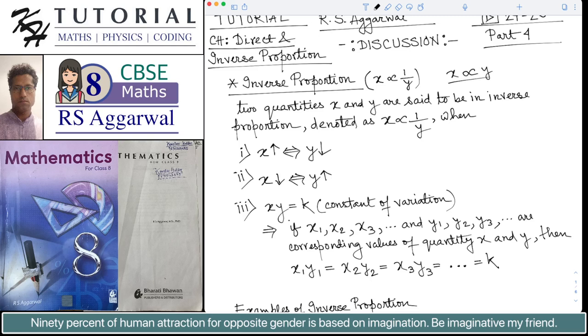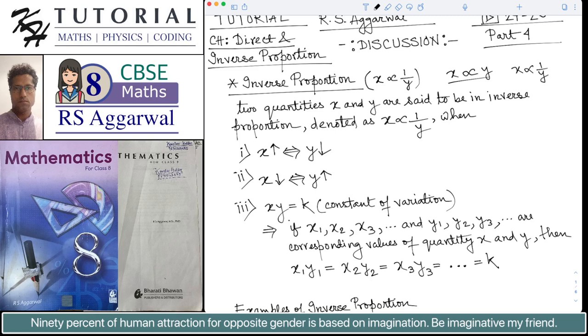This means the quantities x and y are in direct variation. Now, to denote that x and y vary inversely, or are in inverse proportion, instead of y we write 1 by y. That is, 1 by y is the inverse of y. That is how we mathematically denote the fact that x and y vary inversely.